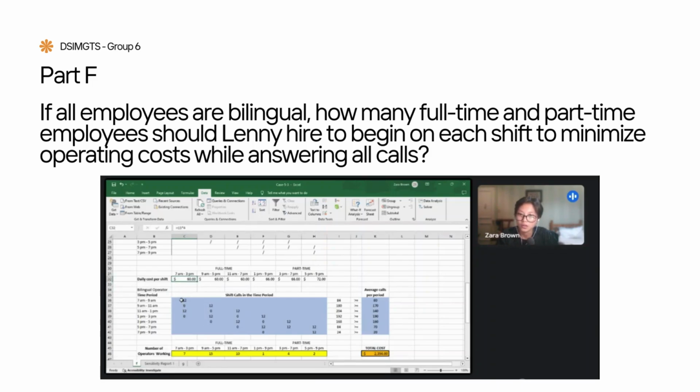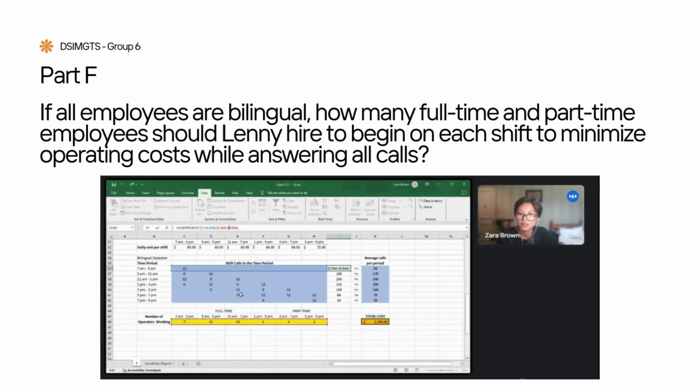The formula we'll be using for how many calls can be taken in these shifts is a sum product of each of this and the number of operators working in those shifts. So we have a 7 to 3 p.m. shift, the 9 to 5, 11 to 7, 1 to 9, and our part-time shifts of 3 to 7 and 5 to 9. That's 4 hours each.